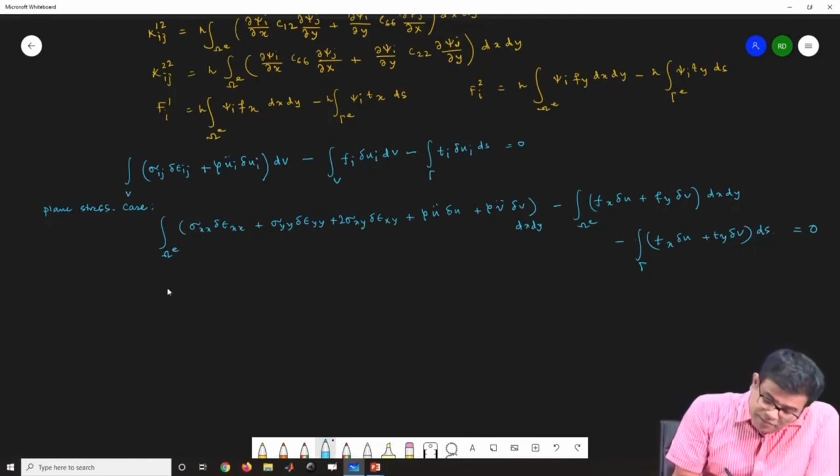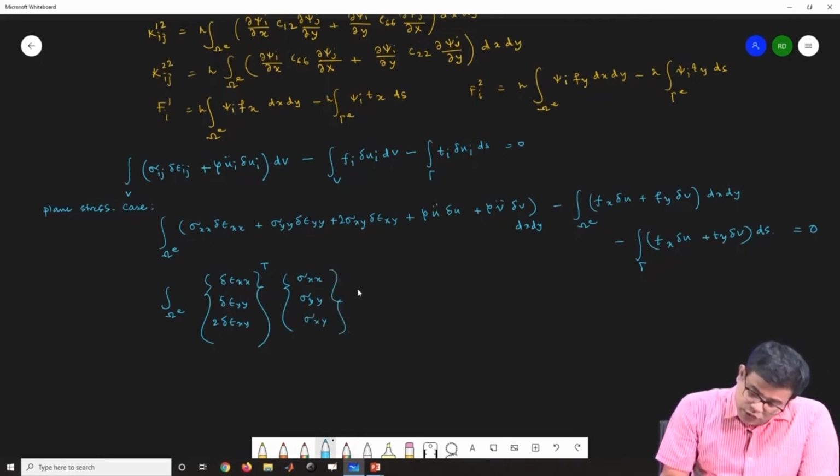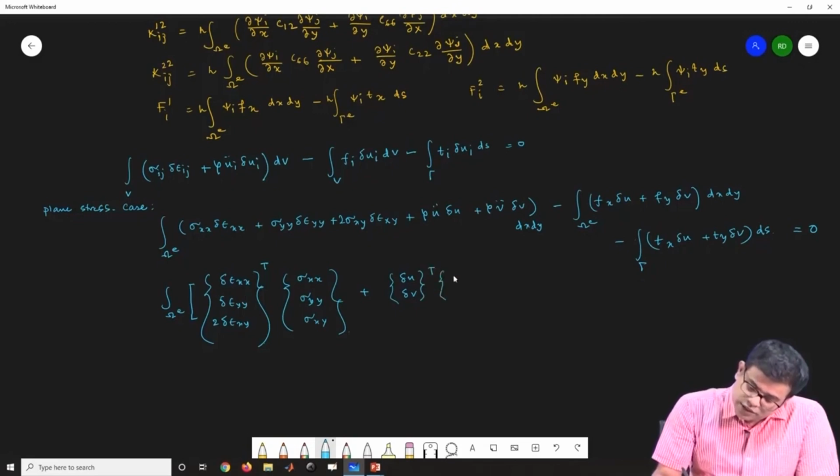Now I can write this easily in matrix form. Over omega e, I can write del epsilon xx, del epsilon yy and del epsilon xy, with the 2 there, as a transpose, into sigma xx, sigma yy, sigma xy, into dx dy. Plus rho, taken outside, delta u delta v transpose into u double dot v double dot.